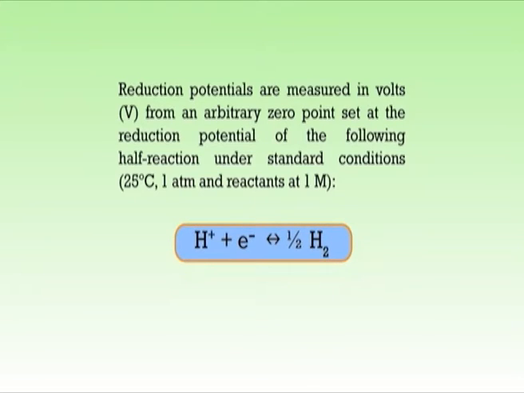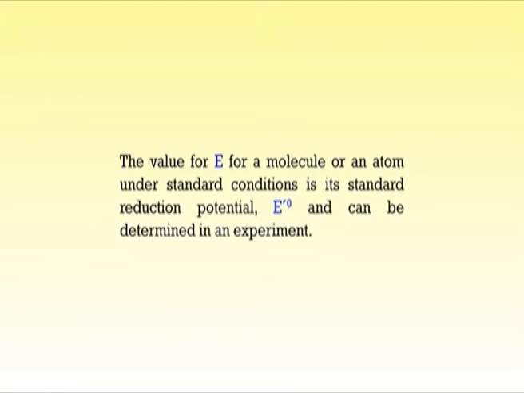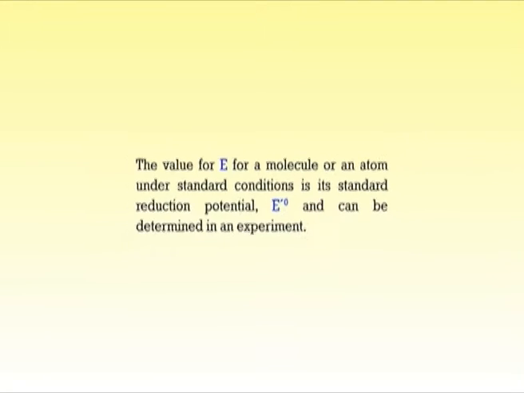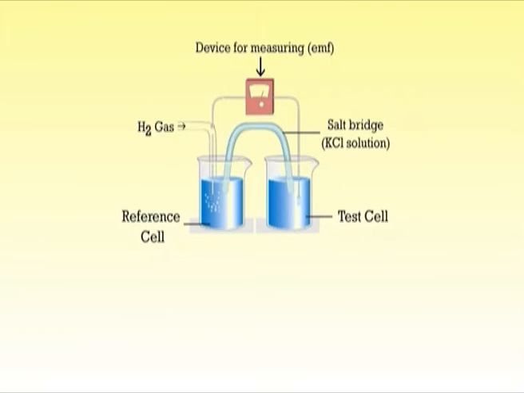That is, 1 hydrogen ion plus 1 electron gives rise to half of a hydrogen molecule. The value of E for a molecule or an atom under standard conditions is its standard reduction potential, which is denoted by E prime naught, and can be determined in an experiment such as that described in this illustration.